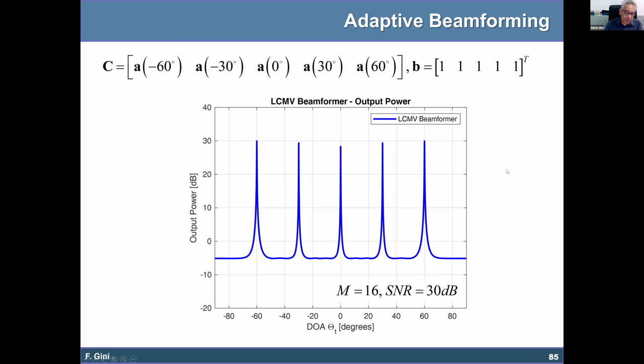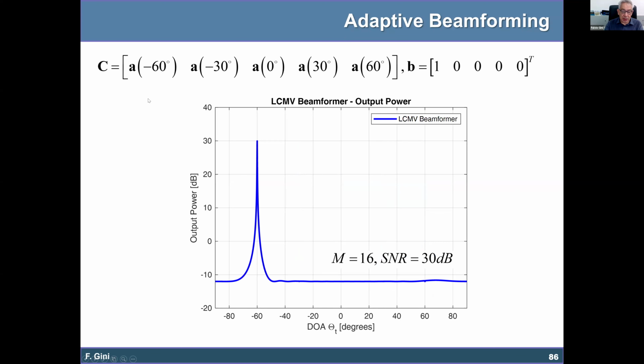The input to the beamformer is a source signal coming from direction theta t plus additive white Gaussian noise with signal to noise ratio of 30 dB. The array is a Euler array made by 16 sensors, and this is what you get at the output. So you can see that all the times the target is coming from one of these 5 angles, you get a peak.